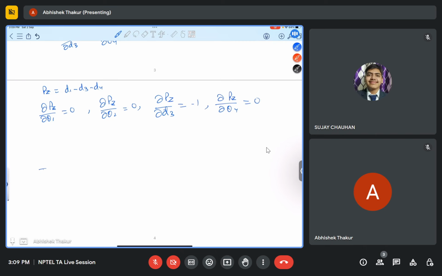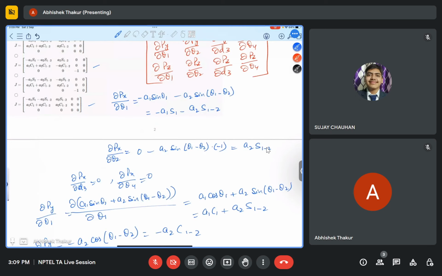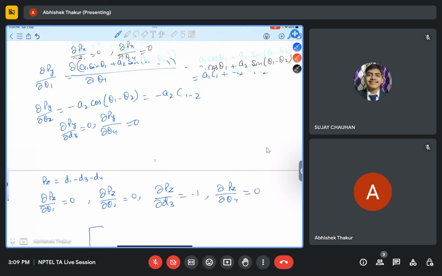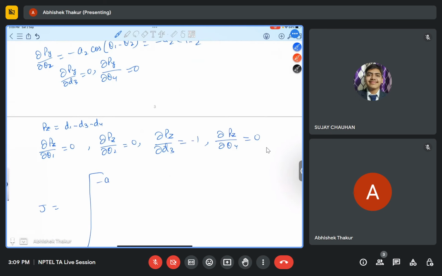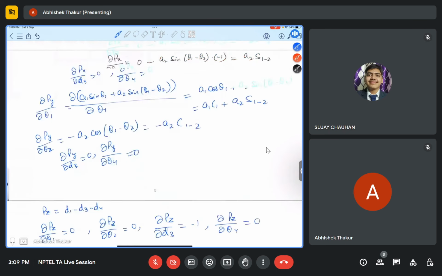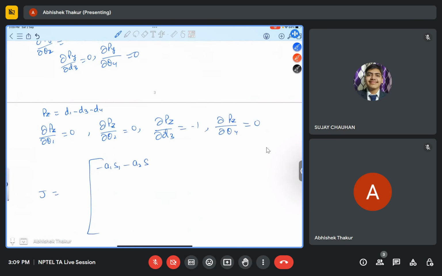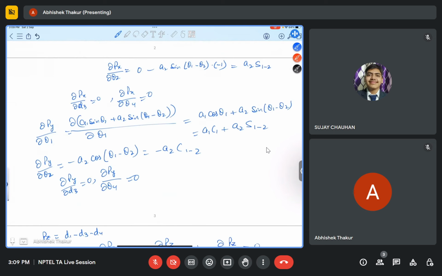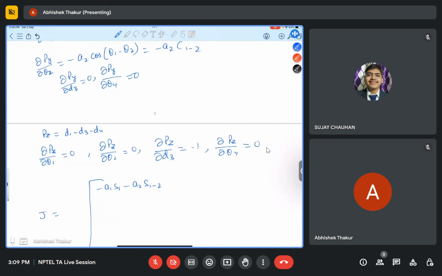So now our Jacobian function can be written as minus a1 s1 minus a2 s of 1 minus 2. The second term is a2 s of 1 minus 2. These two terms are 0.